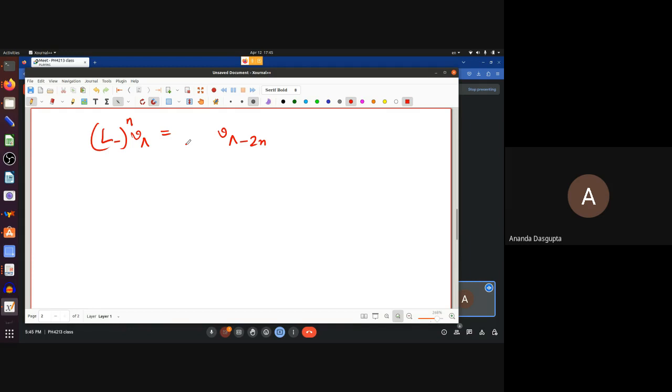That's what you have to bear in mind. So I'm saying, okay, I have a vector V lambda, I apply L minus on this once. Whatever I get, this is what I'm going to call V lambda minus 2. Whatever I get when I do this again, I'm going to call V lambda minus 4, and so on.